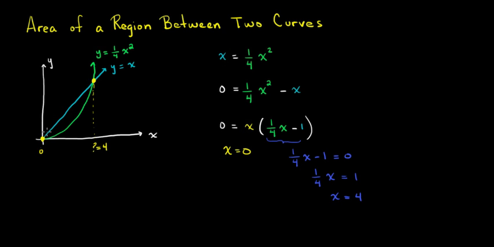But how do we find this area only? Here's what I'm going to do. I'm going to break this up into two different problems. I'll first focus on y equals x.